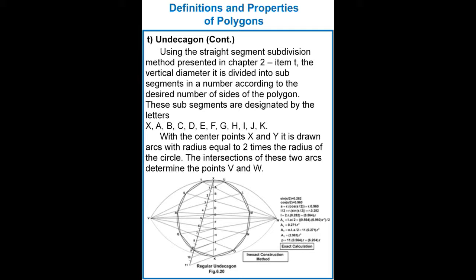These subsegments are designated by the letters X, A, B, C, D, E, F, G, H, I, J, and K. Centered at the points X and K, arcs are drawn with radius equal to twice the radius of the circumference. The intersection of these two arcs determines the points V and W.